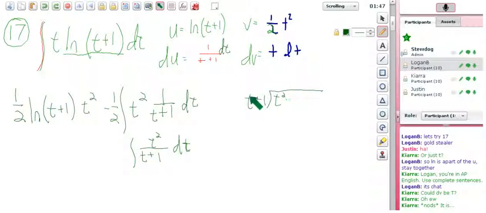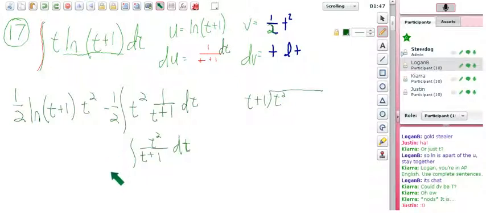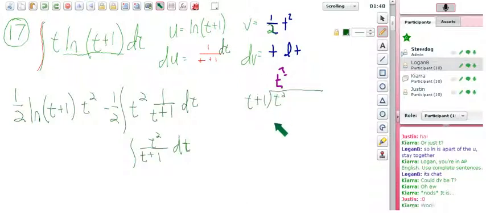So what do we multiply t by to get t squared? Yeah, just t, right? Because t times t will be t squared. So there's no question about it.